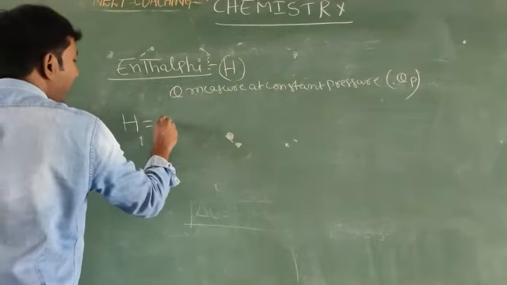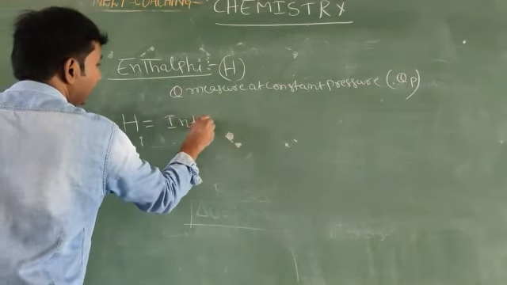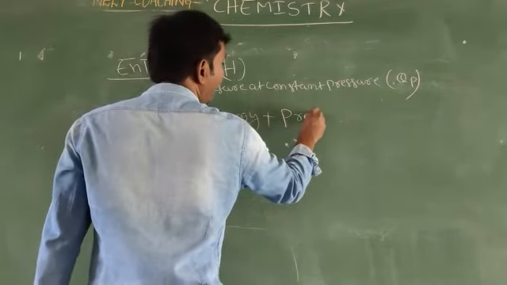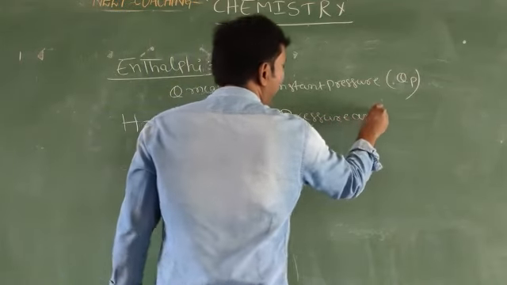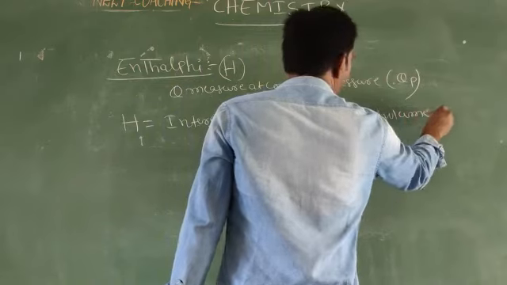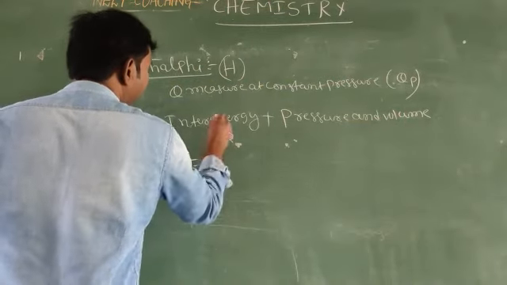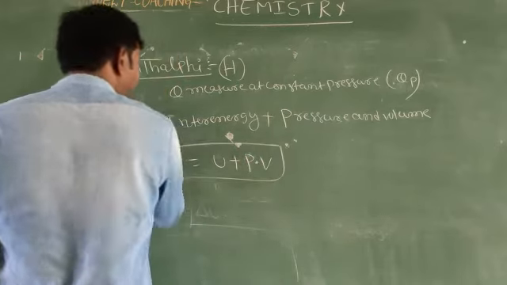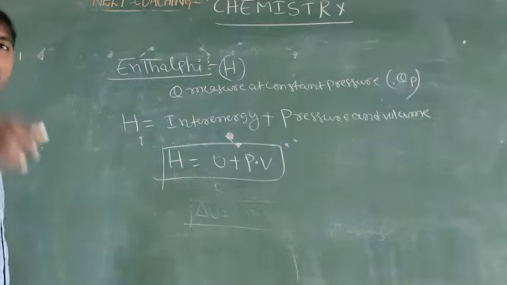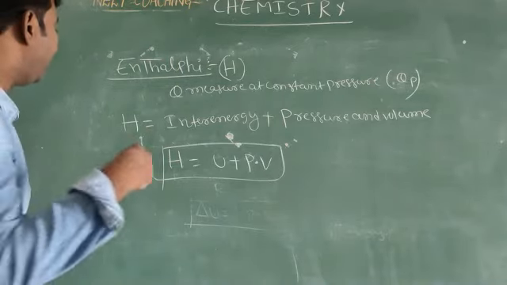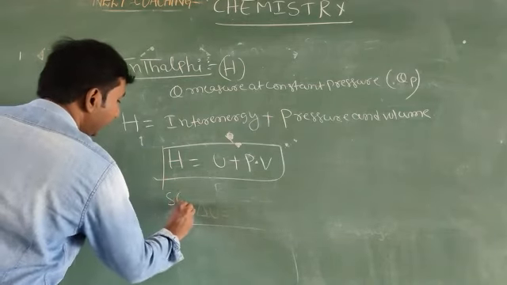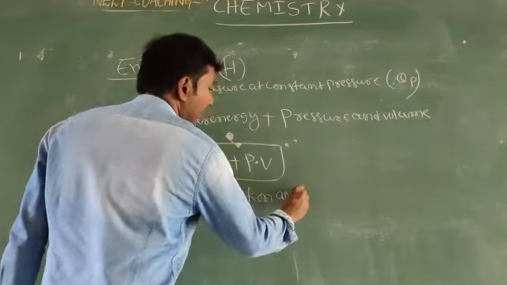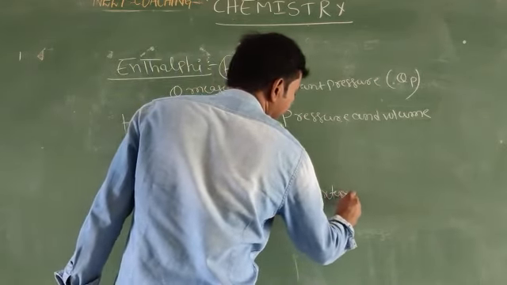Enthalpy equals the sum of the internal energy and pressure times volume. That means enthalpy equals internal energy plus PV. Enthalpy is also a state function and an extensive property.